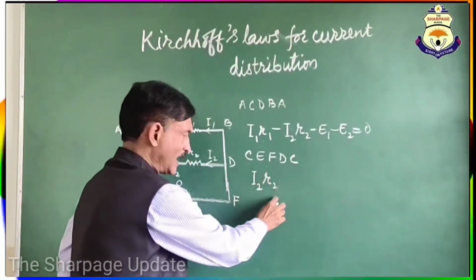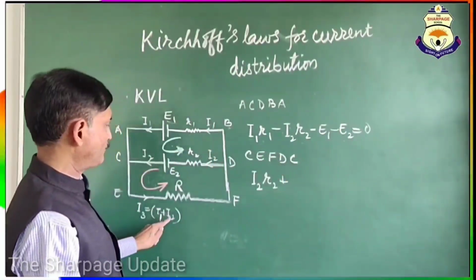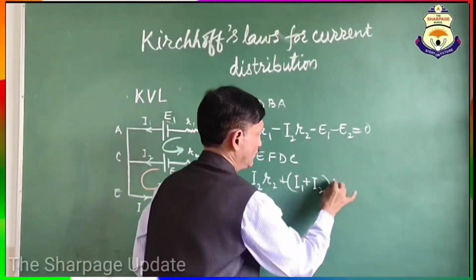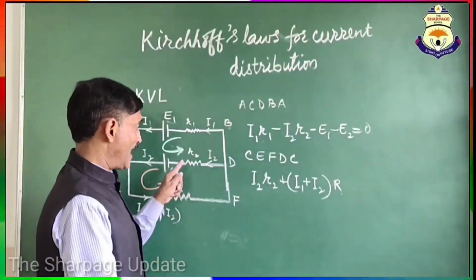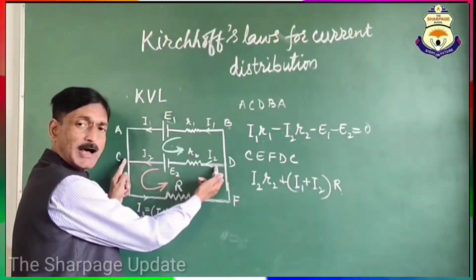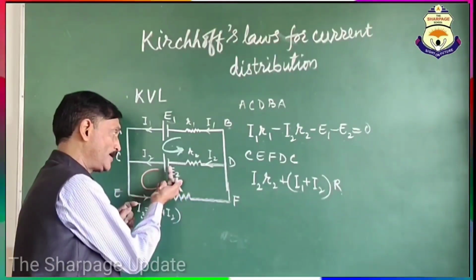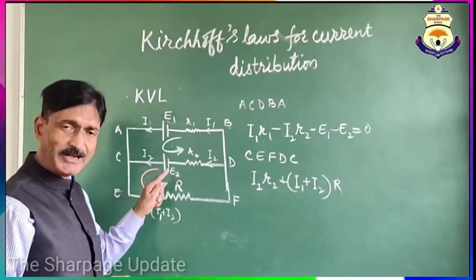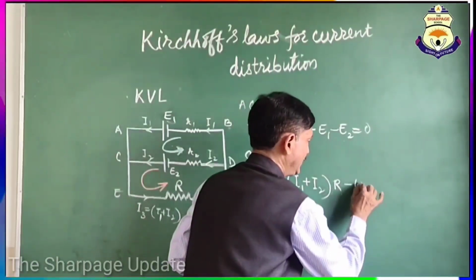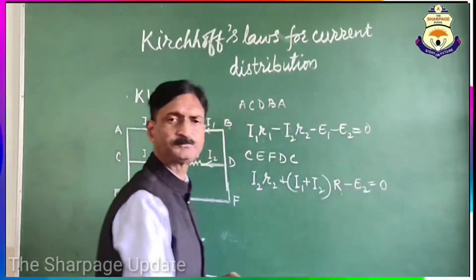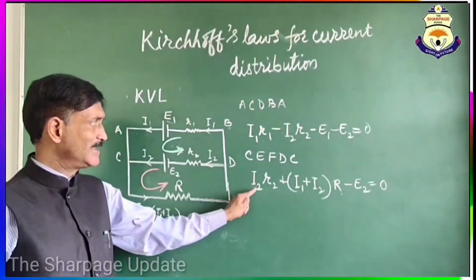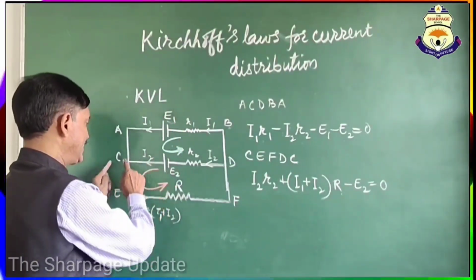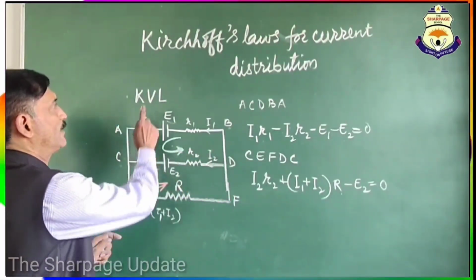So I2 R2 plus (I1 plus I2) R. And in this branch the current I2 is going from negative electrode to the positive electrode, so the EMF E2 will be negative. So minus E2 equal to 0. This is the mathematical form for the closed circuit C, E, F, D, C according to Kirchhoff's voltage law.